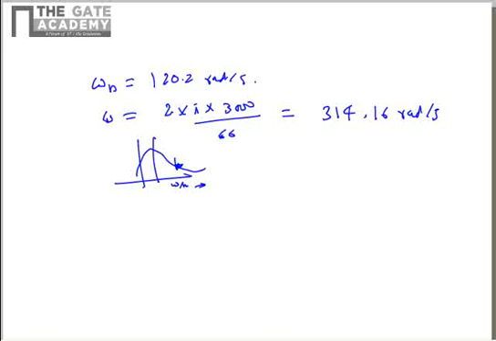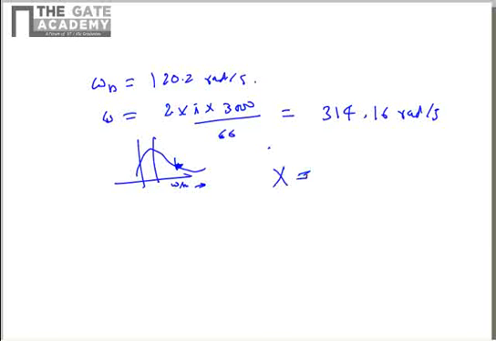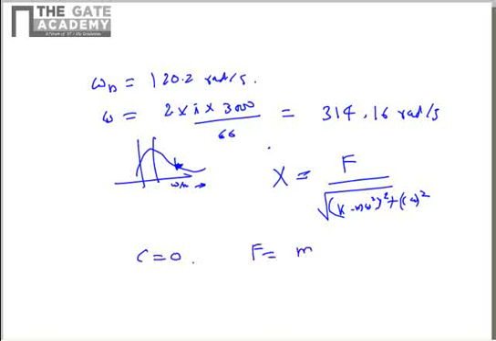So what is the amplitude of steady state vibration that we saw? The amplitude X is given by F divided by the square root of k minus m omega square, whole square, plus c omega, whole square. In the present case we are not given any damping, so c is equal to 0, and the forcing function is m e omega square, as we just saw for the shaft with an eccentricity e.